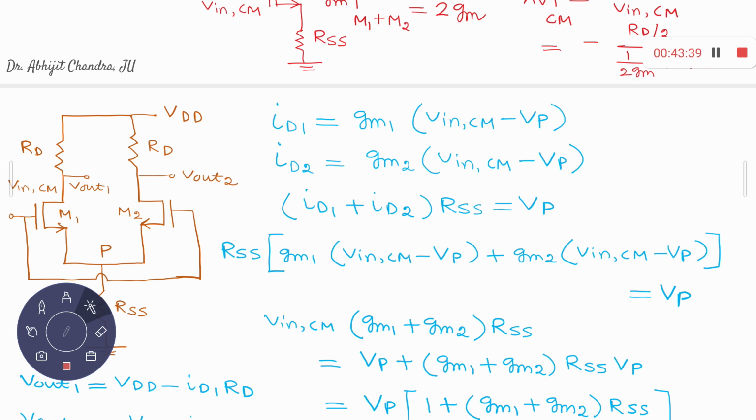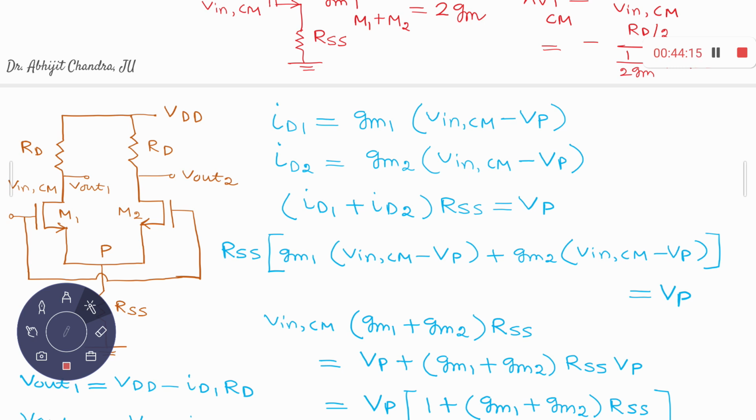Let us incorporate some non-ideality into our discussion and assume that these two MOS devices are not the same in terms of their properties. We have GM1 for MOS 1 and GM2 for MOS 2. So even if they are subjected to the same gate source variation, you don't expect the same current flowing through them. Therefore Vout1 and Vout2 will not be the same, even if they are subjected to the same gate voltage. That means Vout1 minus Vout2 will become non-zero.